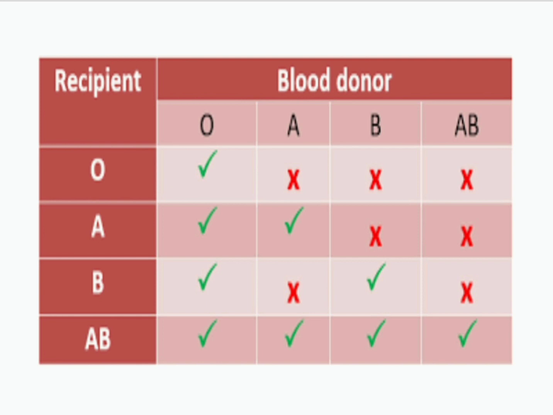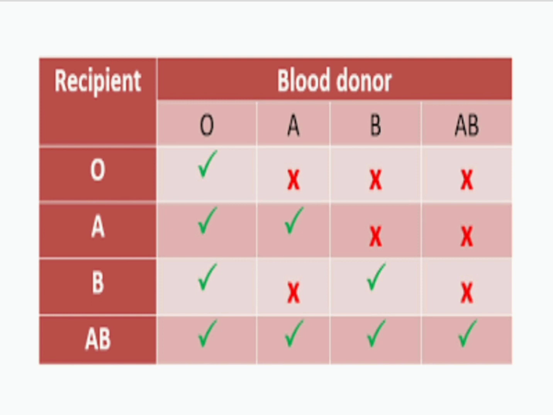So a donor who is having blood group O can give blood to a recipient having any blood group. So it can be O, A, B or AB. So the person who is having blood group O can donate blood to a person having any kind of blood group, and hence that person is known as a universal donor.